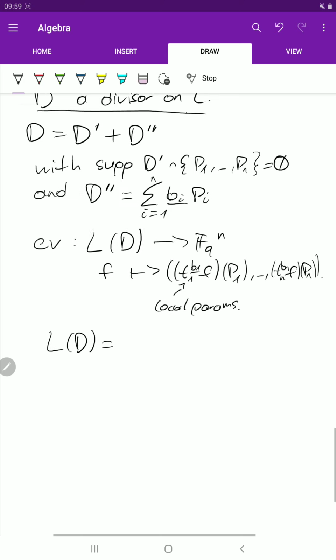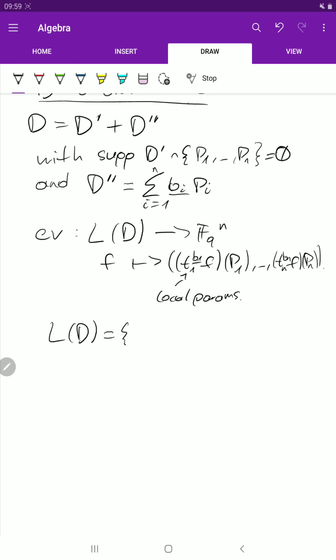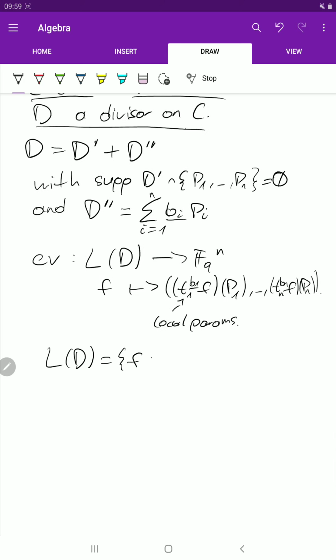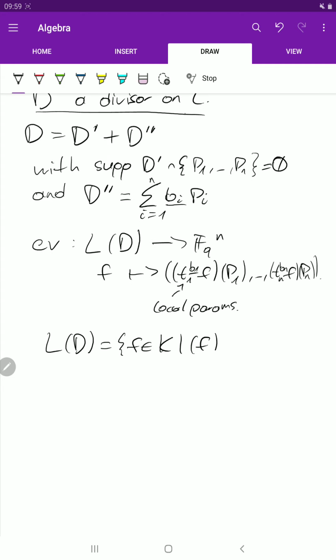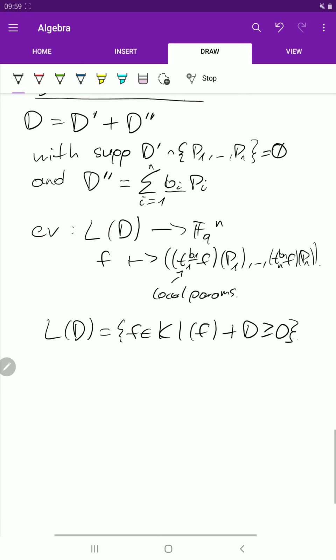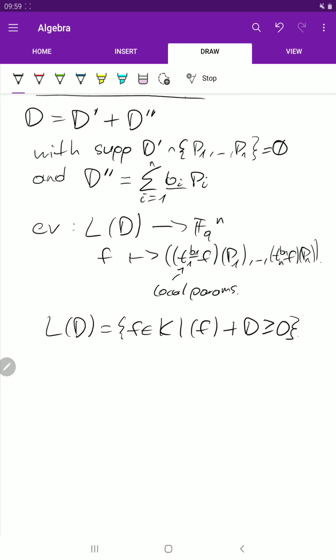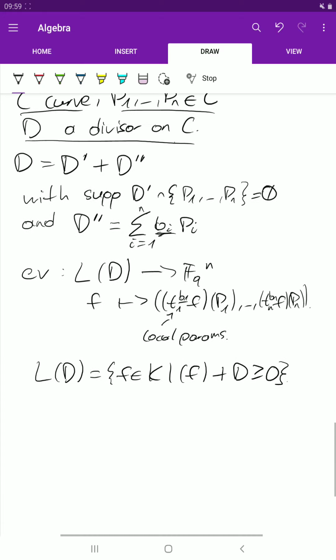These are the elements of the function field, let's call the function field K for now, which satisfy that (f) plus D is at least 0, and this means that at all points the n_i's or b_i's are at least 0.